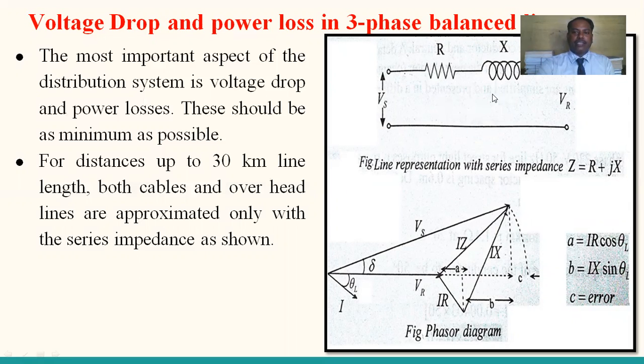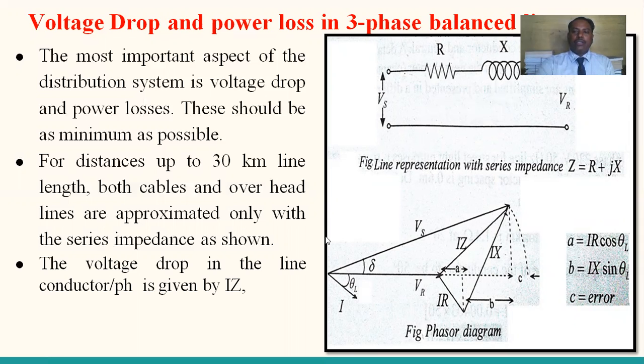See, this is the series impedance of the line. So the voltage drop in the line conductor per phase is given by I Z. Voltage drop is always the product of current and impedance, where Z is equal to R plus jX.